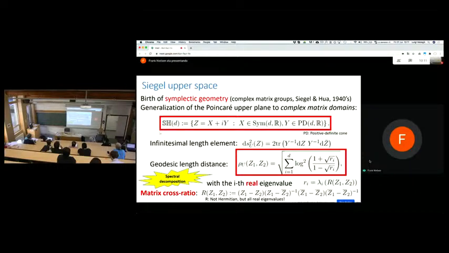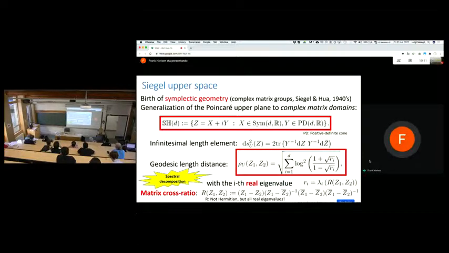So the Siegel upper space, SH here, is the set of d times d complex matrices, which can be decomposed as Z = X + iY, where X is a symmetric matrix and Y is a positive definite matrix. And Siegel in the 1940s defined the infinitesimal length element by this formula here, and reported the geodesic Riemannian length distance as this expression.